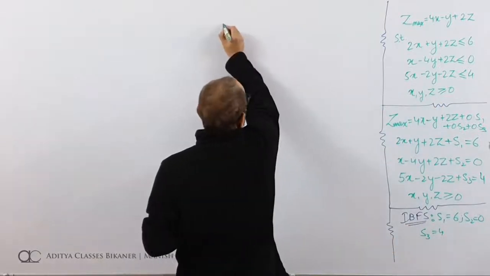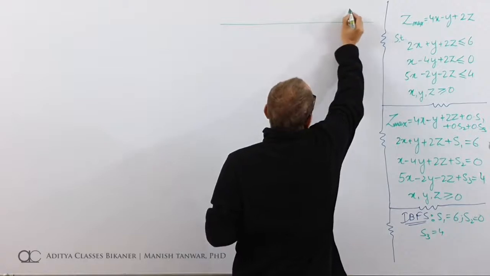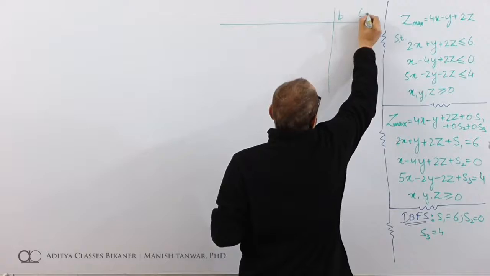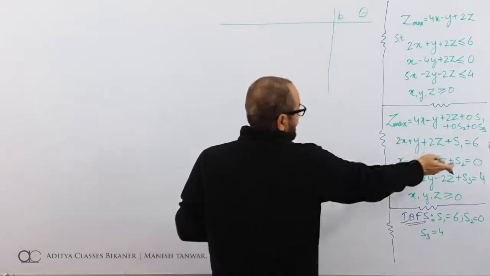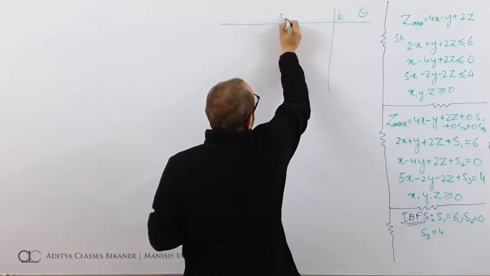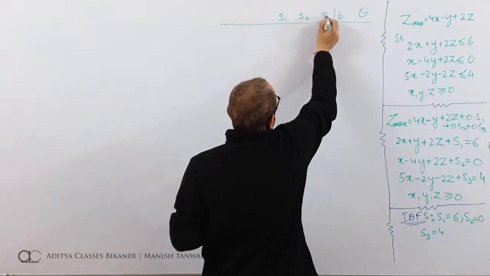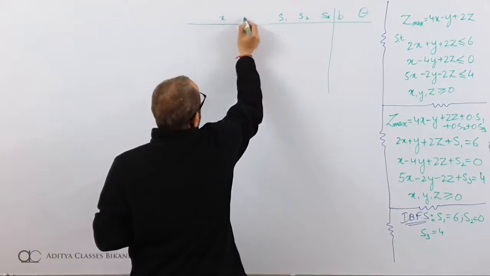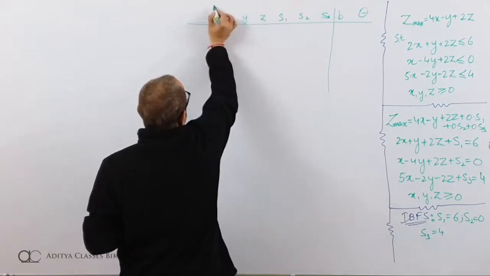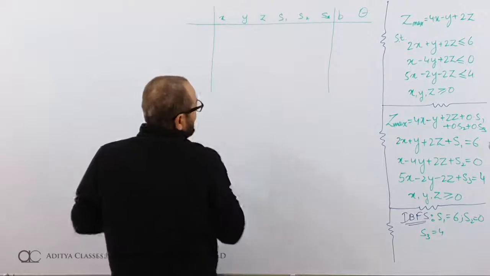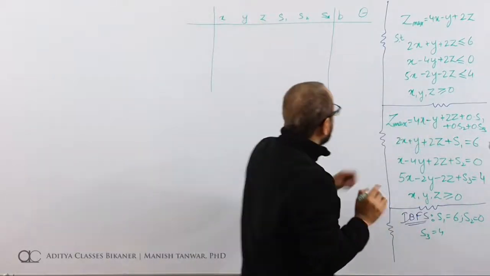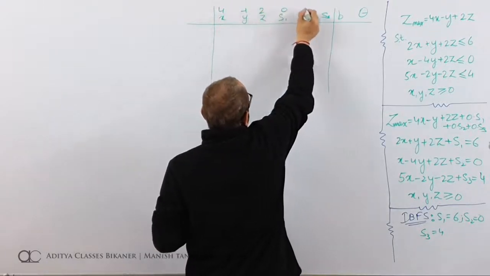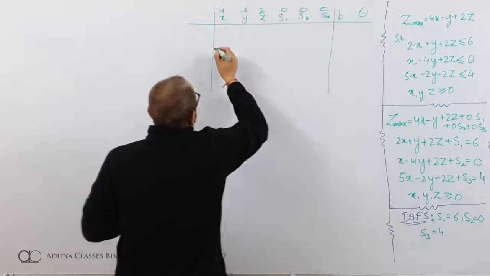First simplex table would be B and theta. Then we have 3 slacks and 3 variables, S1, S2, S3, X, Y and Z. Their respective contributions are 4, minus 1 and 2, 0, 0 and 0.